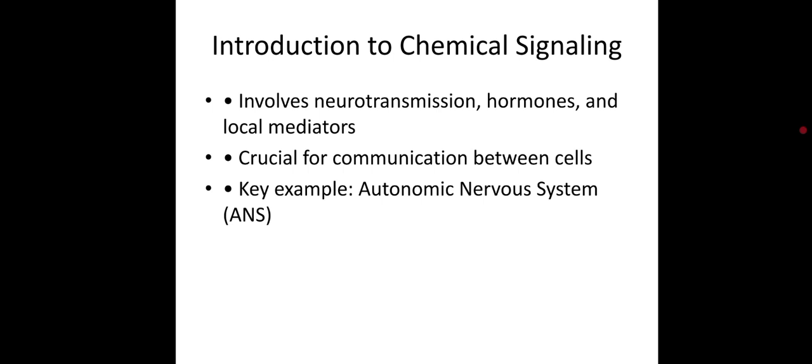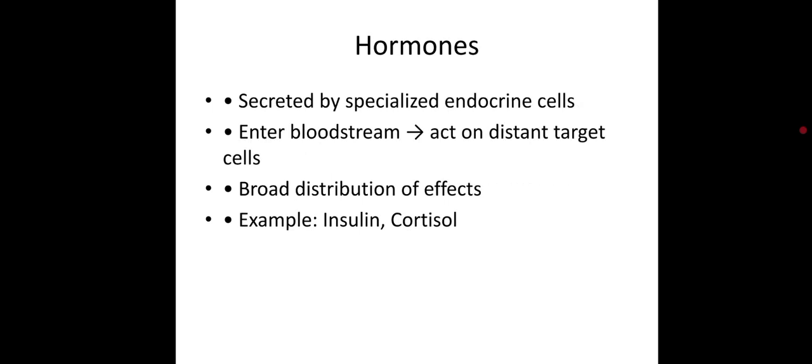It is a normal thing to happen. Otherwise, if you don't have any smooth connection with your hand, what will happen? Your hand will be burnt. So this communication is very healthy, and neurotransmission, hormones and local mediators all come under the key examples of the autonomic nervous system that we'll see today.